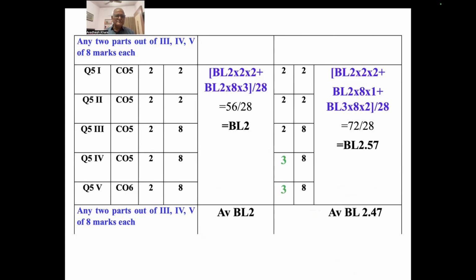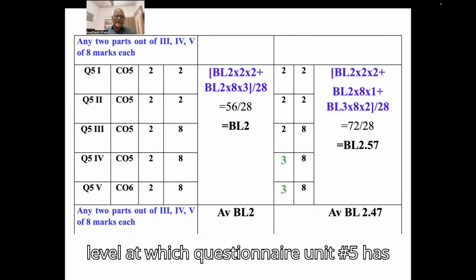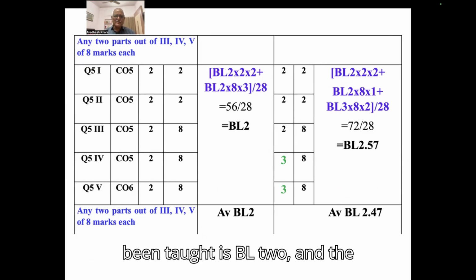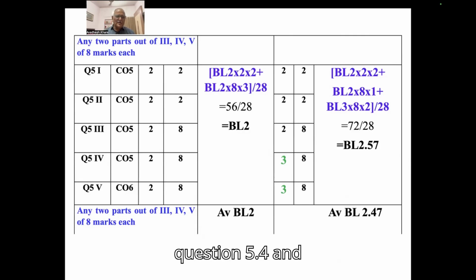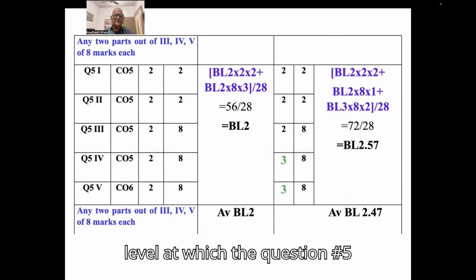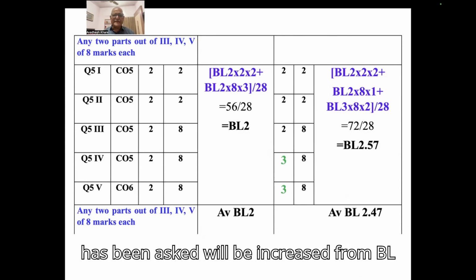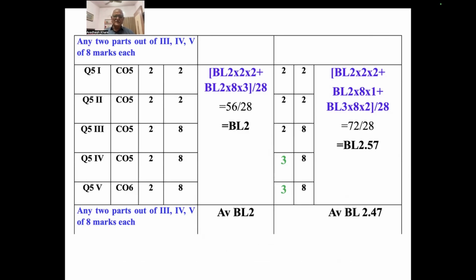And question 5, again 5 parts, a similar pattern. The level at which unit number 5 has been taught is BL2. And if questions 5.4 and 5.5 have been asked at BL level 3 each in place of BL2, then the BL level at which question number 5 has been asked will be increased from BL2 to BL 2.5.